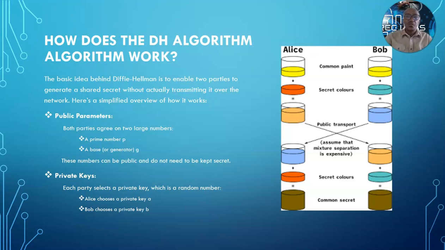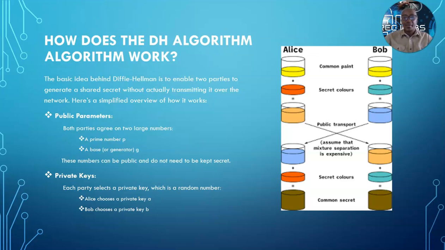But there's a risk in reusing them if you have a very low generator and a low prime number, because it becomes easier for someone to guess a possible secret key that can be used to decrypt that message. The next step is that each party selects a private key, which is a random number.